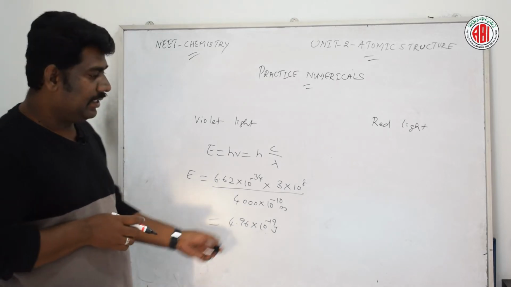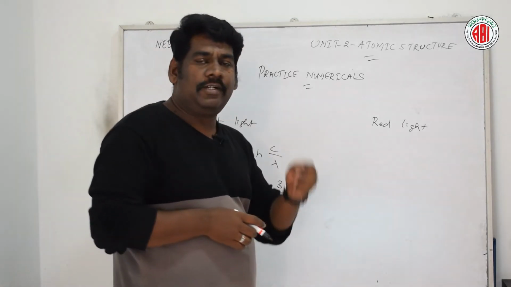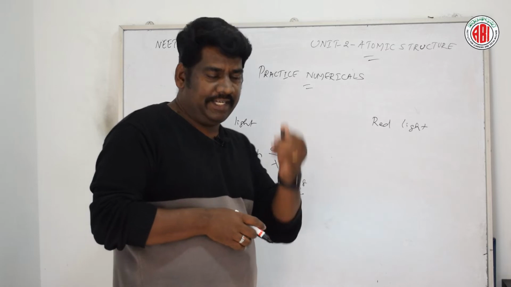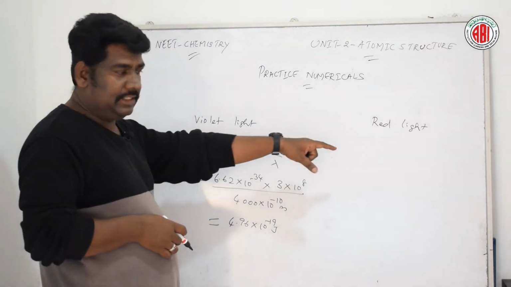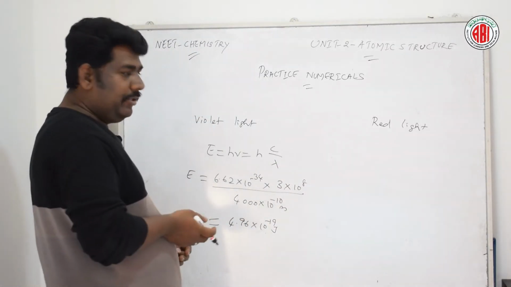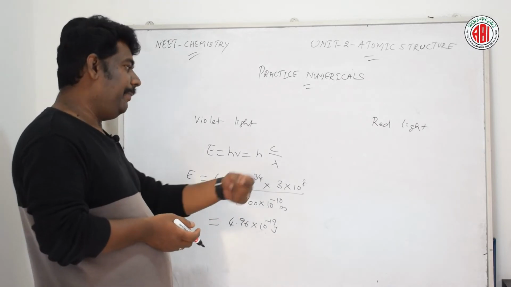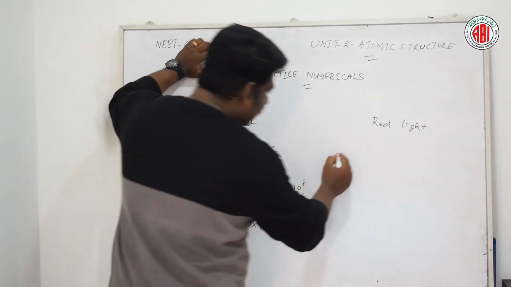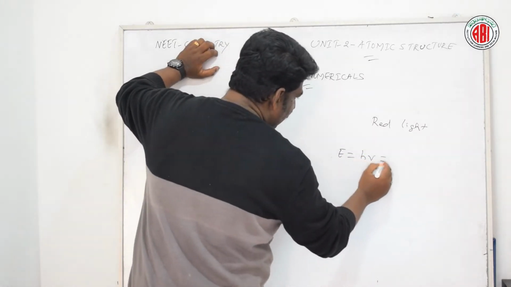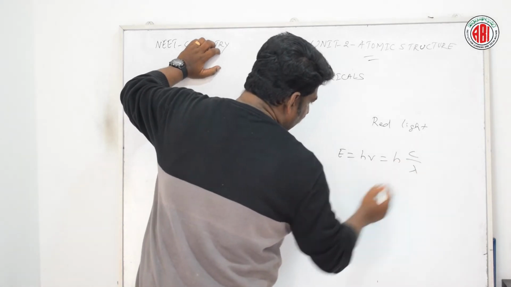Okay, similarly, let us find the photon energy of red light. According to this, for red light we are going to repeat the same formula, that is E is equal to h nu, that is equal to h into c by lambda.